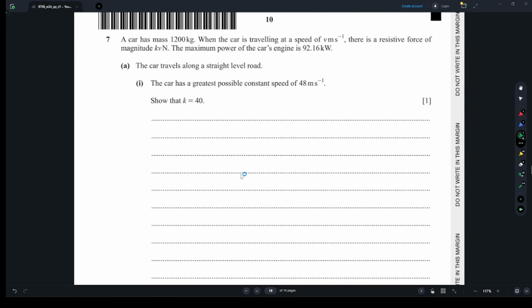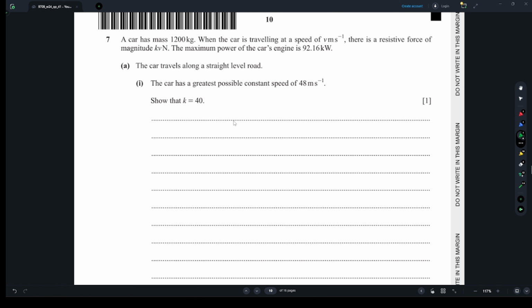Okay, so that's it. And question 7. A car has a mass of 1,200 kilograms. When the car is traveling at a speed of v meters per second, there is a resistive force of magnitude kV newtons. The maximum power of the car is this one. Okay, so we have to find k first.